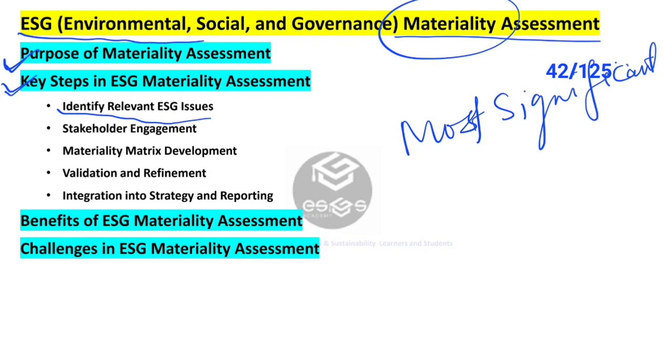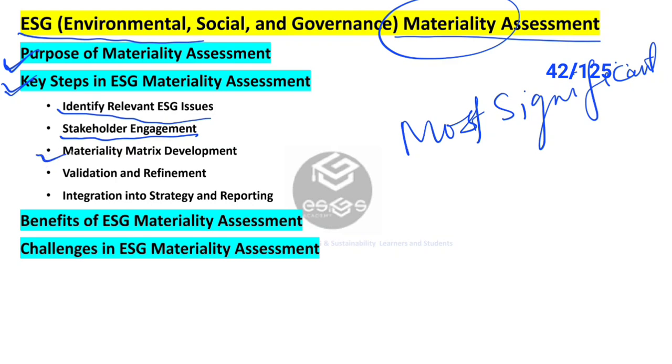External benchmarking: we conduct benchmarking against industry peers, relevant regulations and ESG frameworks to identify commonly reported ESG issues. Next is stakeholder engagement. We identify stakeholders, we prioritize stakeholders, and we determine key stakeholders and their interest in ESG issues. For the engagement methods, we conduct surveys, interviews, workshops and stakeholder consultations to gather input on ESG priorities and concerns.